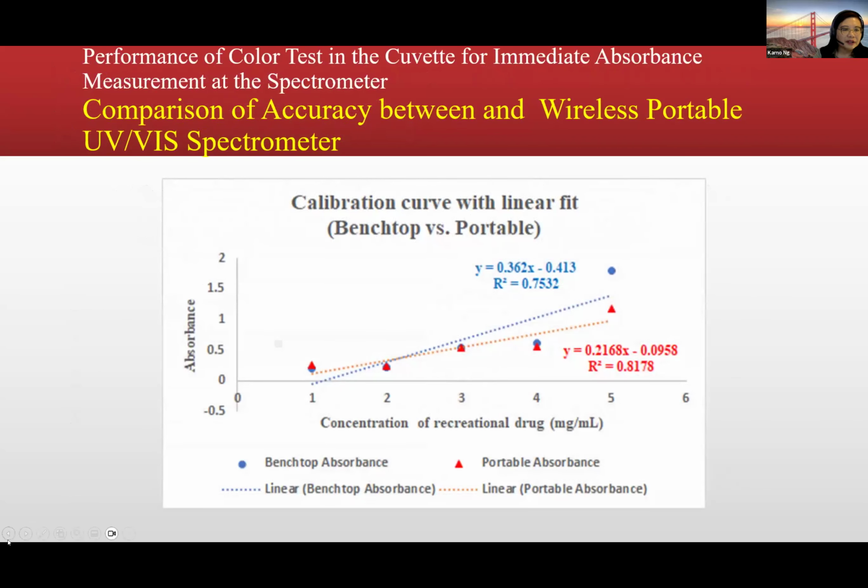Then next, we compare the performance with the wireless portable spectrometer. The blue line is the benchtop. The red one is the wireless portable device. As you can see, the R-squared values are comparable.